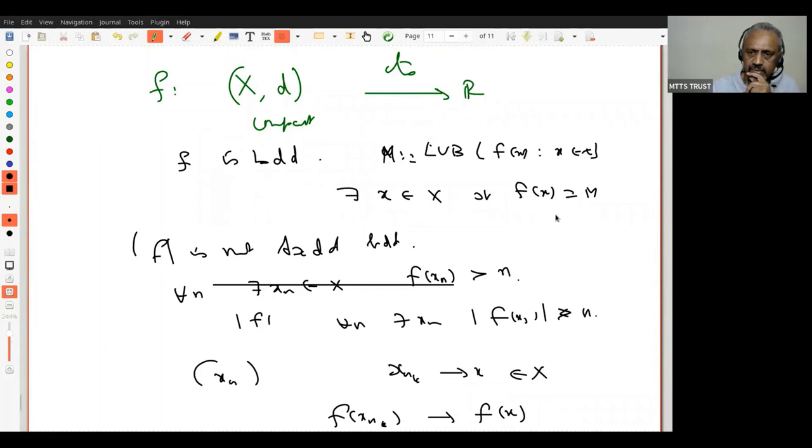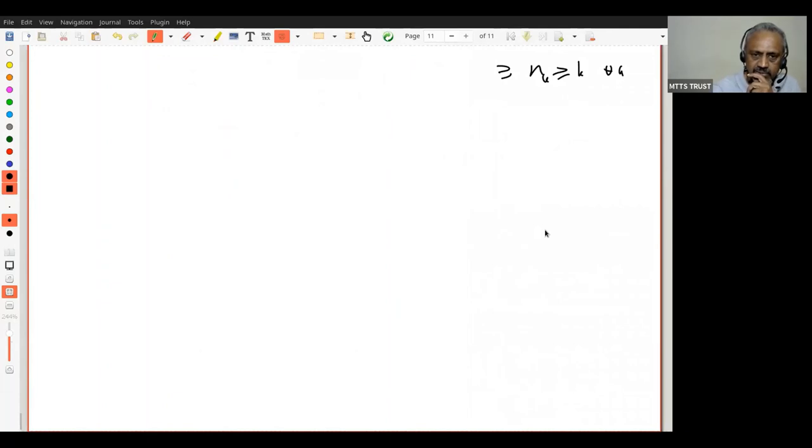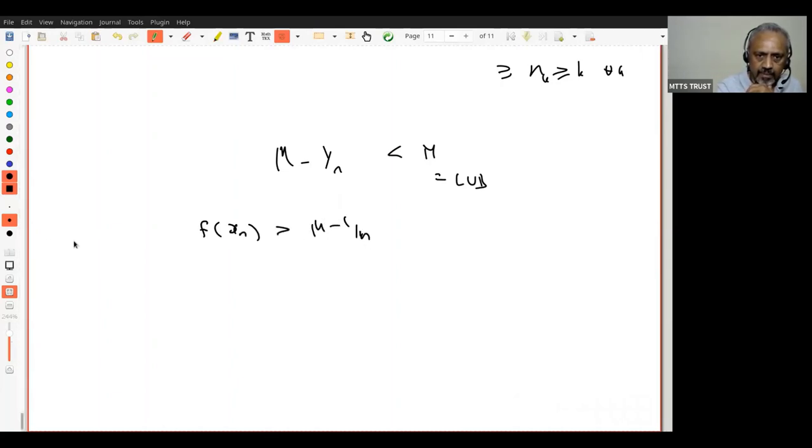Now we have to arrive at a contradiction. Let us look at M minus 1 by n. This is strictly less than M. This is the LUB. Therefore, this is not an upper bound for the set. That means there exists x_n such that f(x_n) is greater than M minus 1 by n for each n. Do you agree with that?